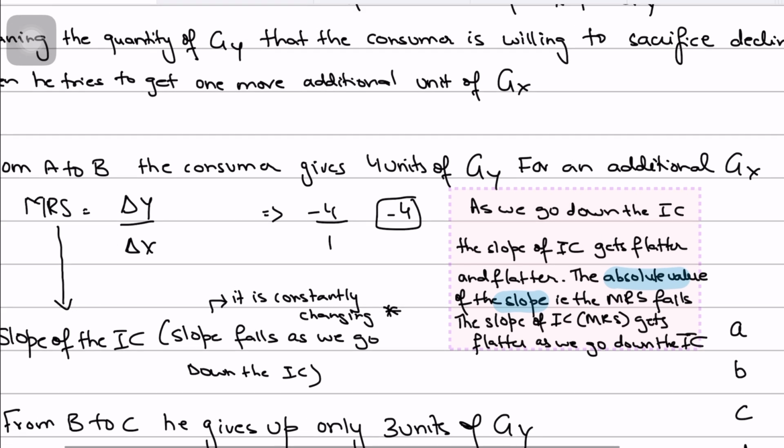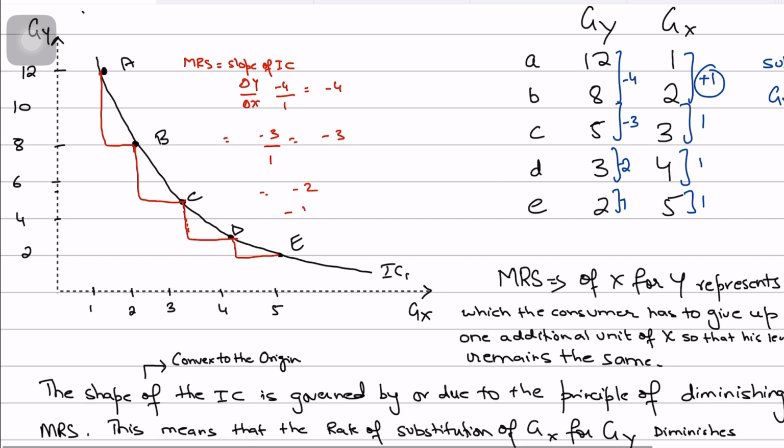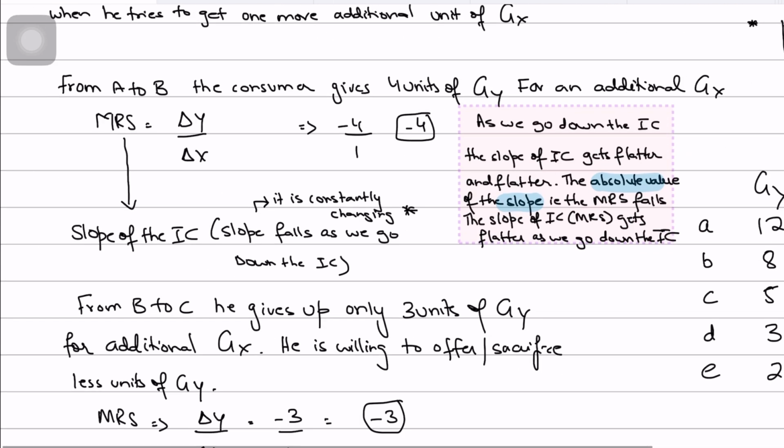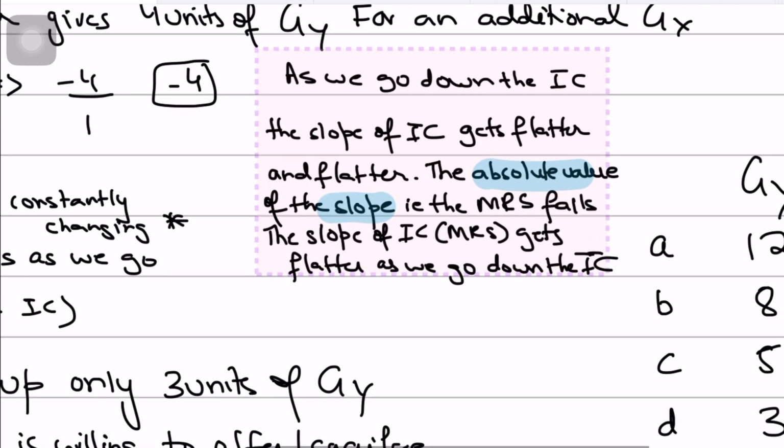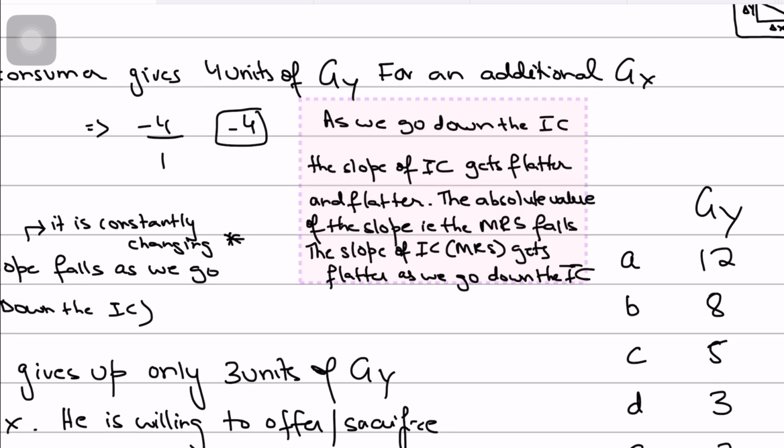Absolute value क्या है? ये 4 absolute value, -4, माइनस को छोड़ दें आप, 4 absolute value है, 3 absolute value है, 2 absolute value, 4, 3, 2, 1. ये जो है वो absolute value of the slope, that is the MRS, falls. So the slope of the indifference curve, which is actually the MRS, marginal rate of substitution, gets flatter as we go down the indifference curve, right?